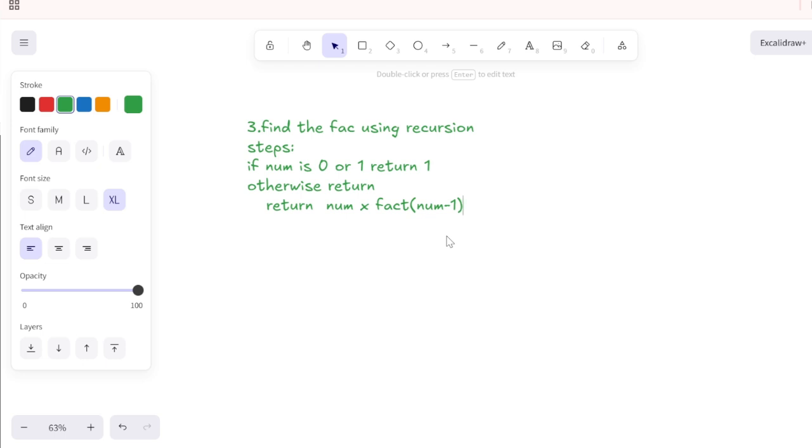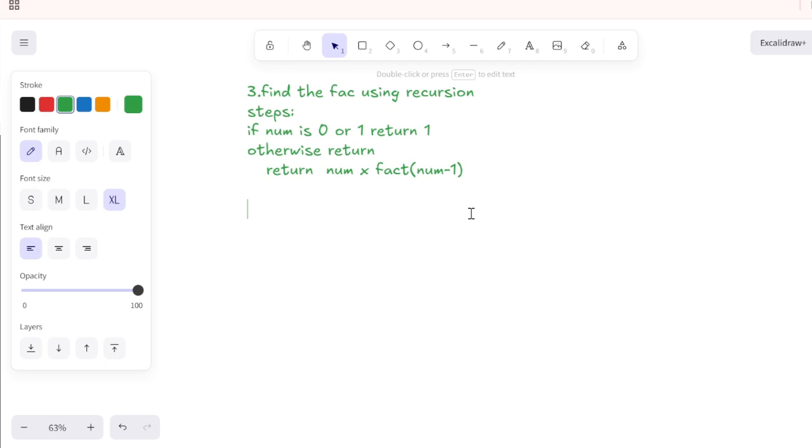While coming to the logic, if we say factorial of 5, then what happens here is 5 will be first multiplied, 5 into factorial of 4.